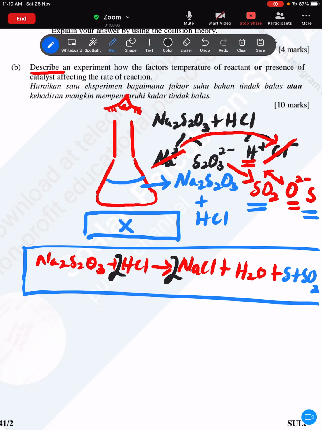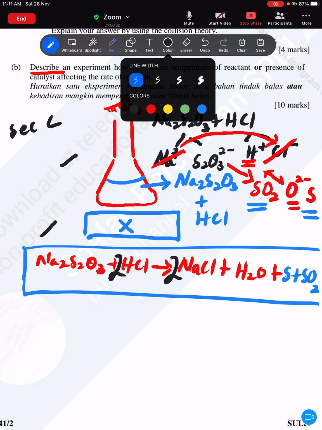Guys, you have a diagram, you have an equation. What is next? The procedure. Very good. So, how to do the procedure? Guys, for the procedure, especially for section C, you must be very precise.